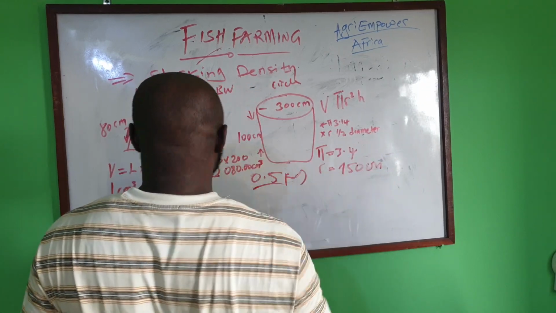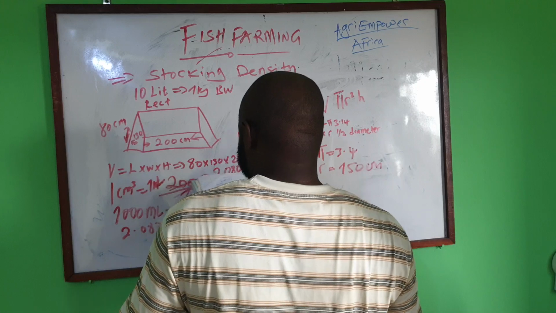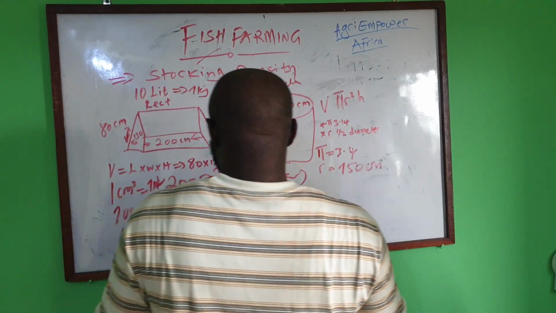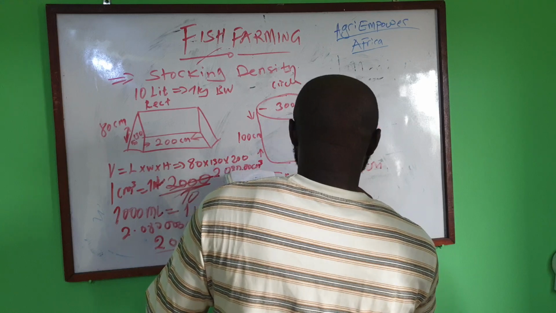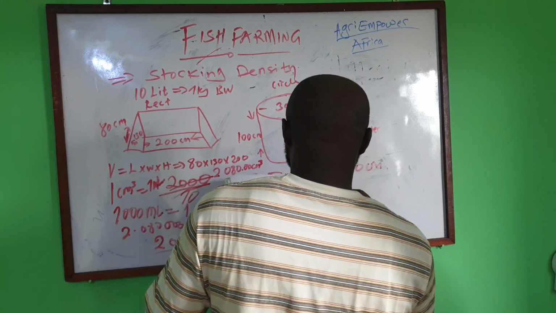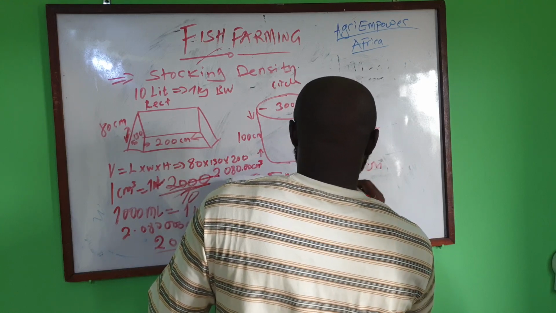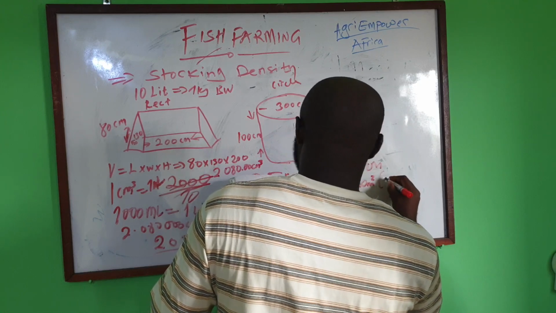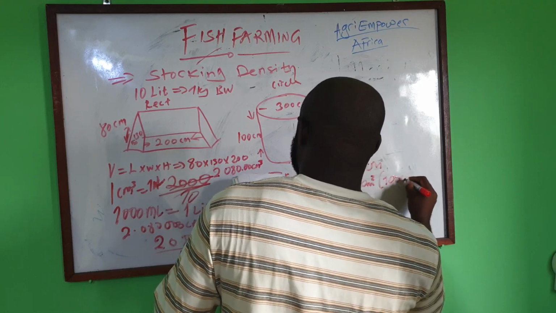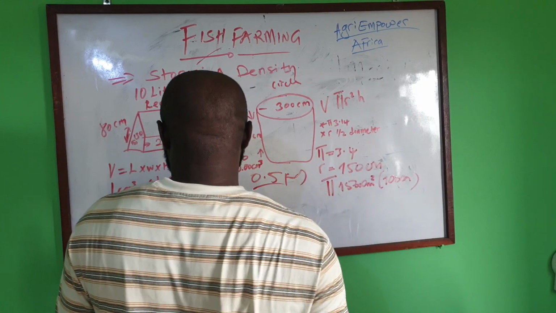The diameter is 300 centimeters. So now, if you have to do your calculation, that is pi times 150 centimeter squared times 100 centimeter, which is equal to the height.